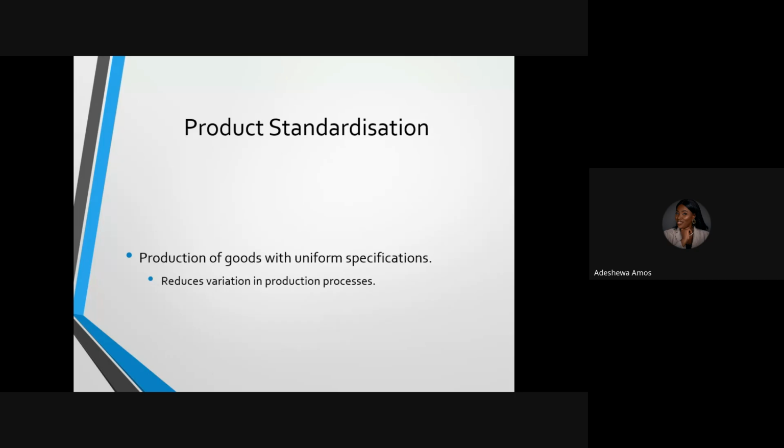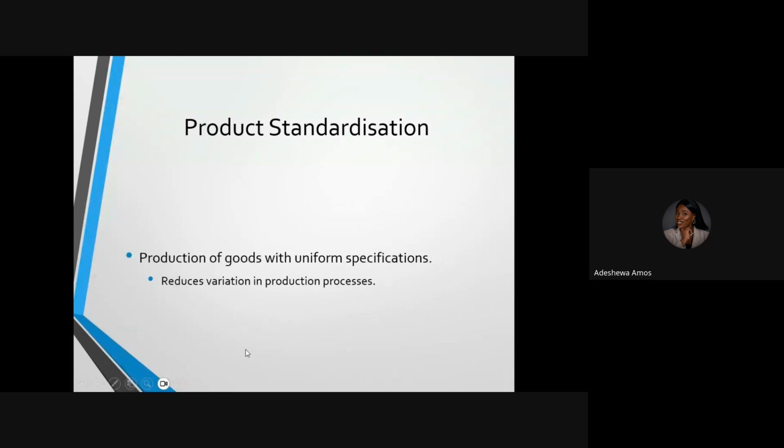Then we have what we call product standardization. So when it comes to product standardization, it is basically the production of goods with uniform specifications, okay?